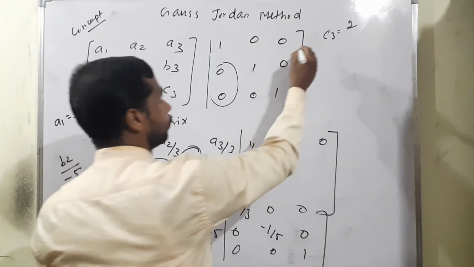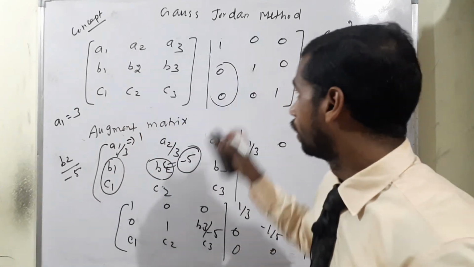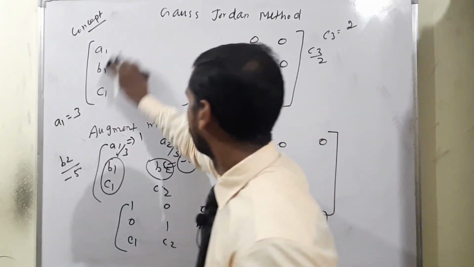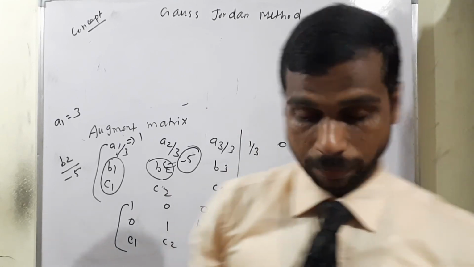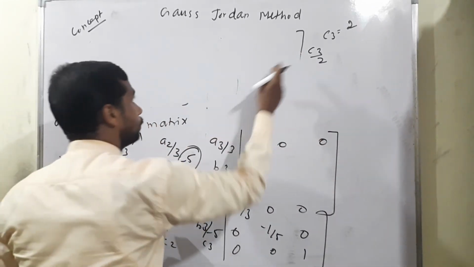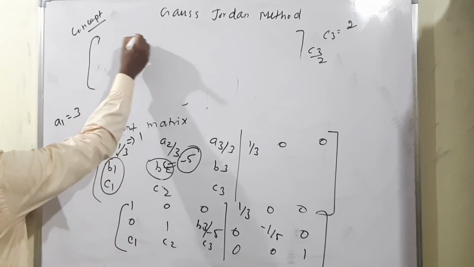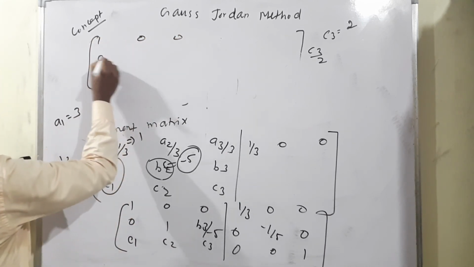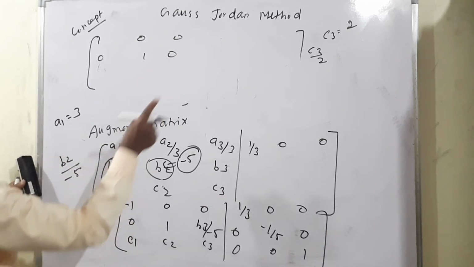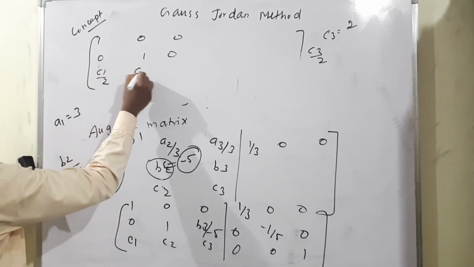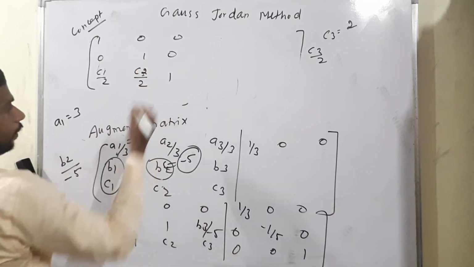C3 divided by 2, and C1 divided by 2, then C2 also divided by 2. We will get 1, 0, 0, 0, 1, 0, and here definitely the value will be 1.